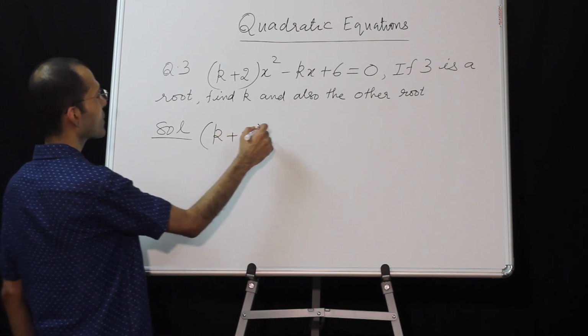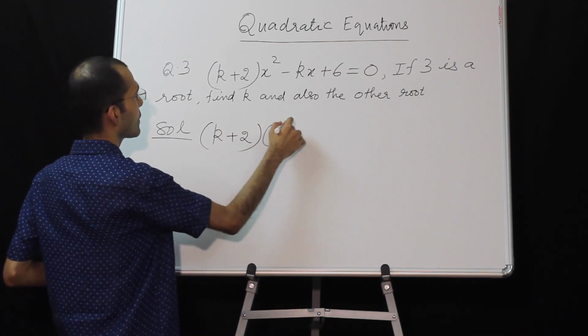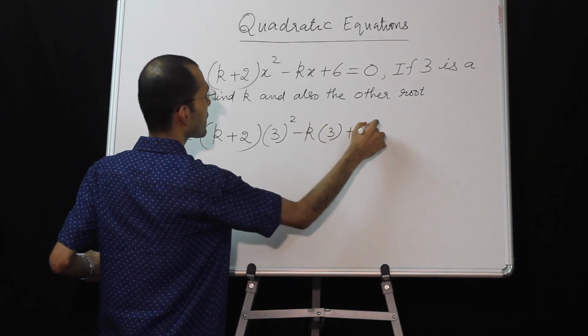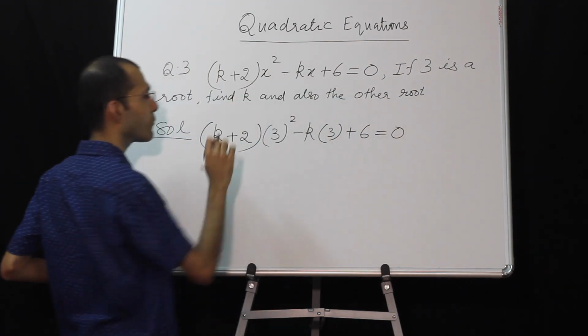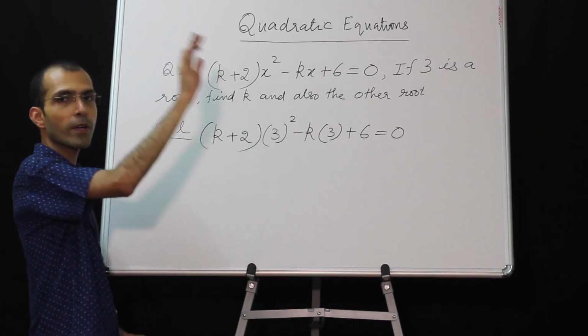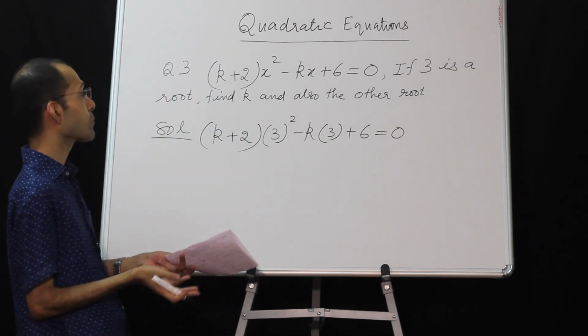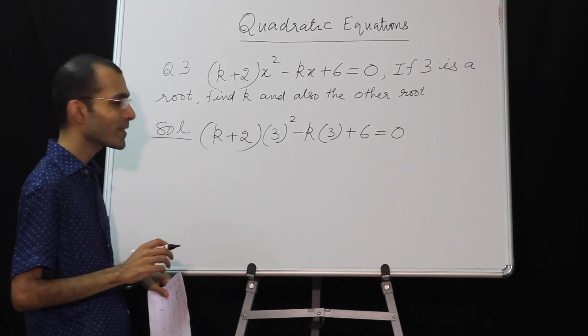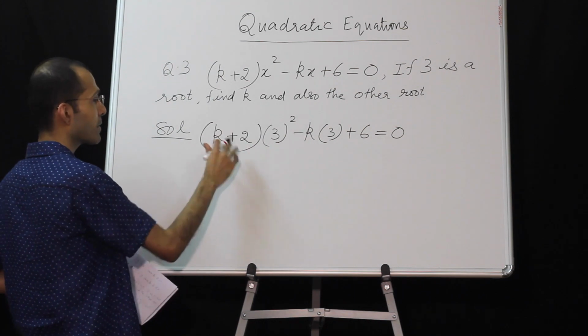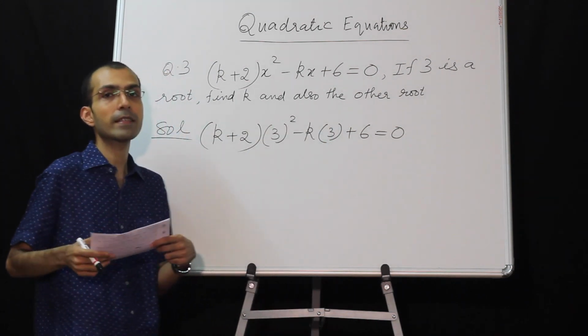So k plus 2 times of 3 square minus k into 3 plus 6 equaling 0. For sure, when I put x as 3, equation is bound to get satisfied, as 3 is already given to be one of the roots. Simplify. 3 square is 9, 9 into k. This substitution is very important from the exam viewpoint.